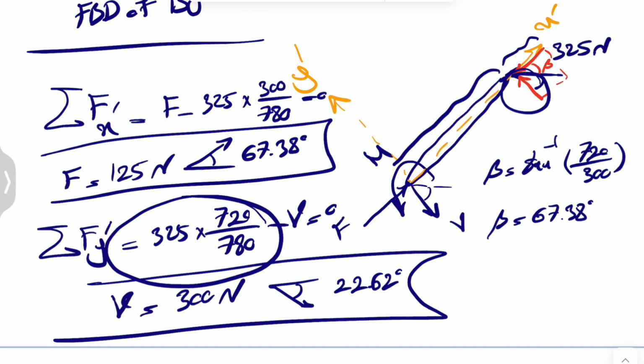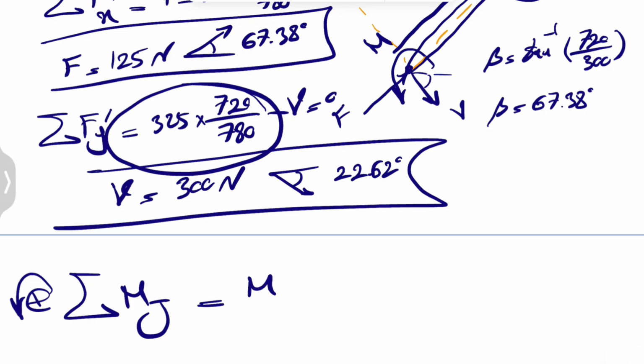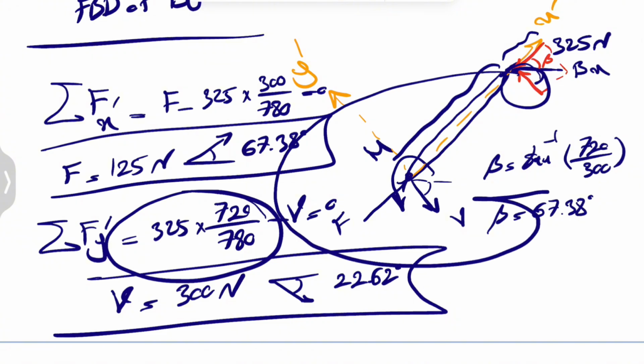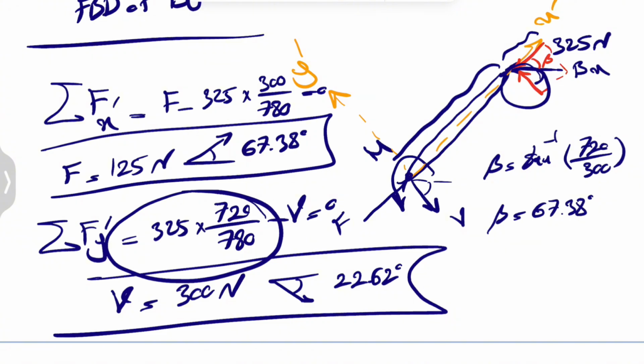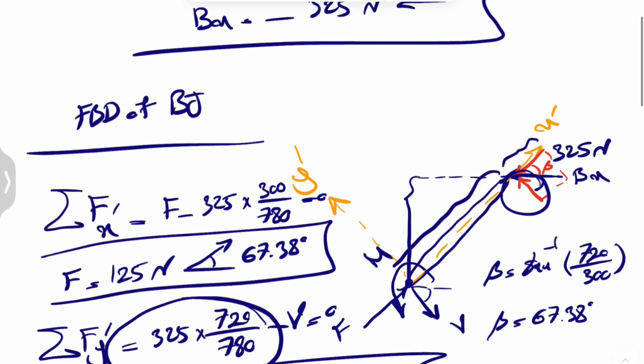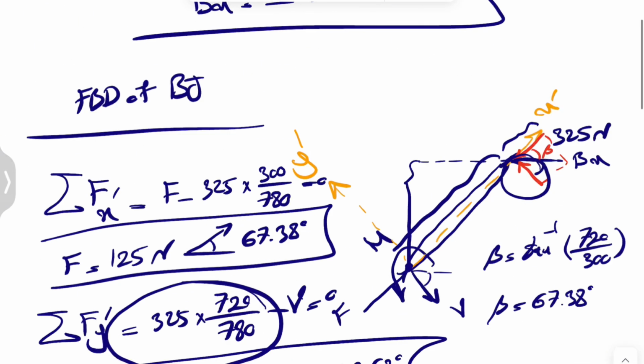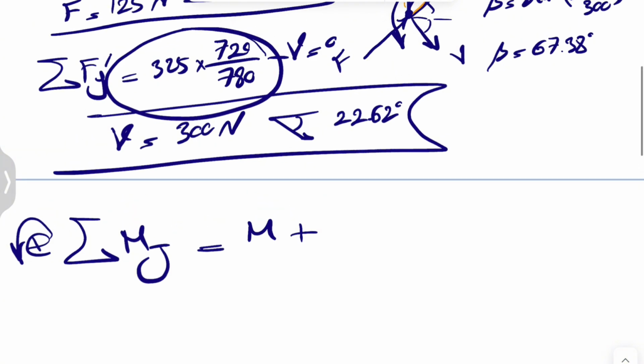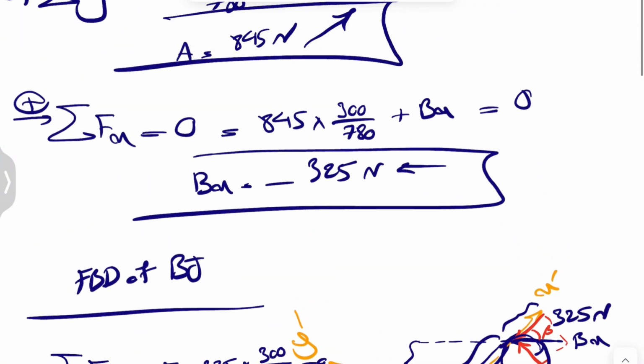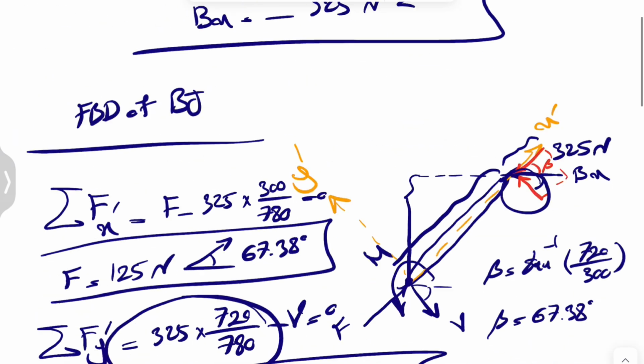So for finding the moment about point B, we basically have the moment of Bx and the moment of M. We consider our M counterclockwise, so we have positive plus. The moment of Bx is also counterclockwise, so that one's positive too. The distance would be the vertical distance to the line of action, which is what we have from here to here, 480. The force Bx, as we found, was 325.